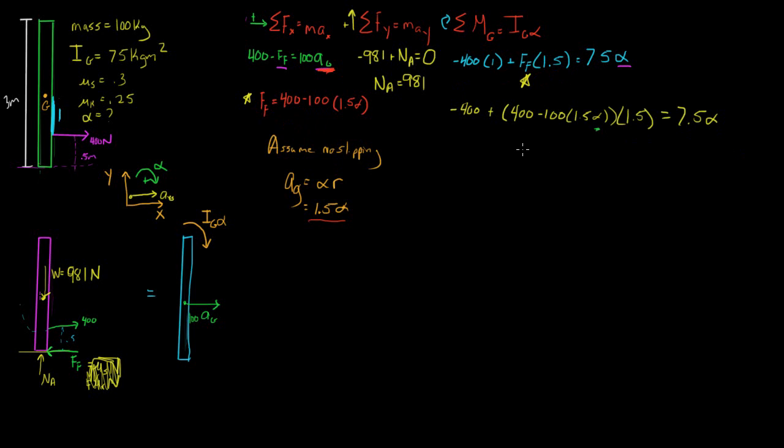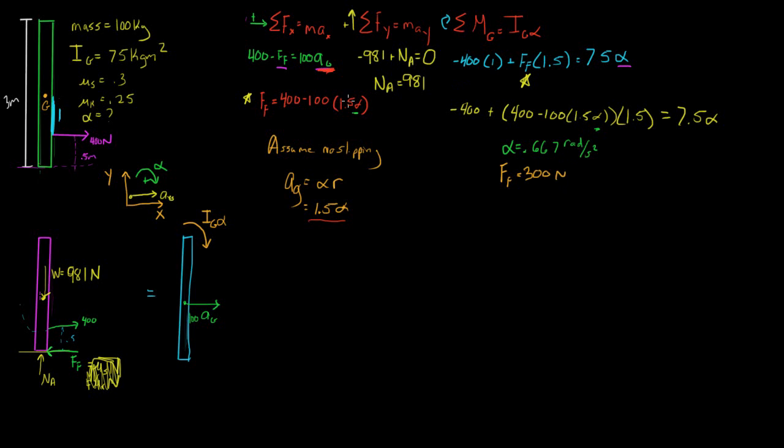So we can solve for our angular acceleration, and we get our angular acceleration is equal to 0.667 radians per second squared. Then we can put this 0.667 back into this equation right here, and we can get that our frictional force is equal to 300 newtons.